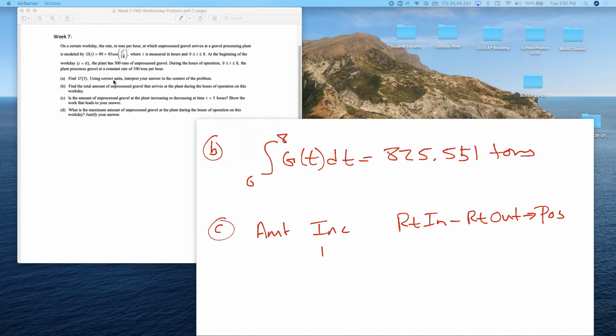If the amount is decreasing, then the rate in minus the rate out would need to be negative. Because remember, negative goes with decreasing, positive goes with increasing.